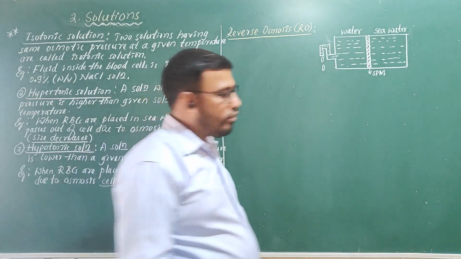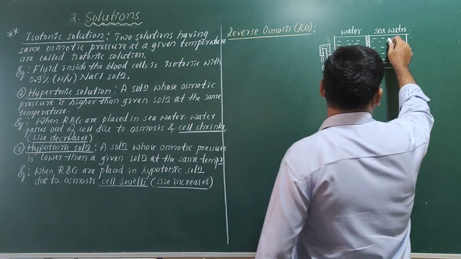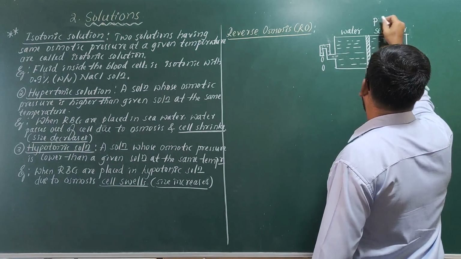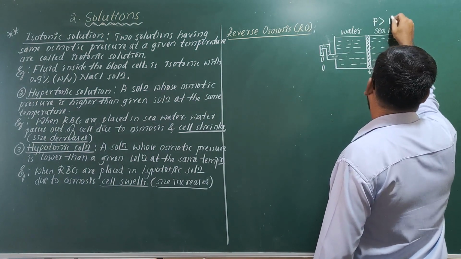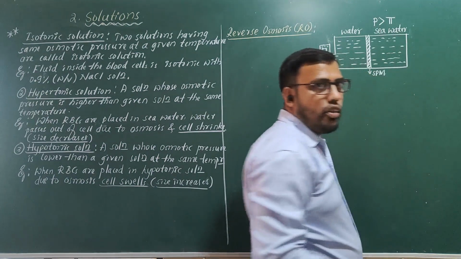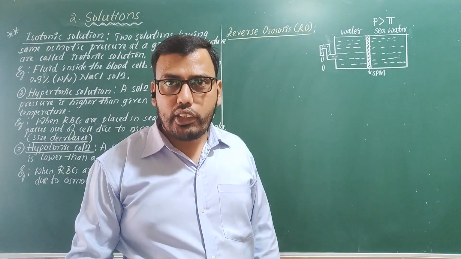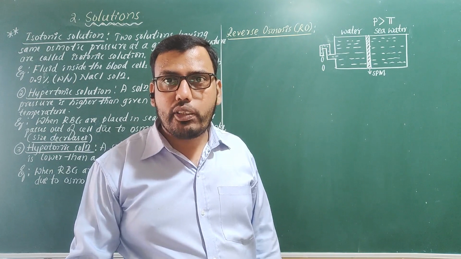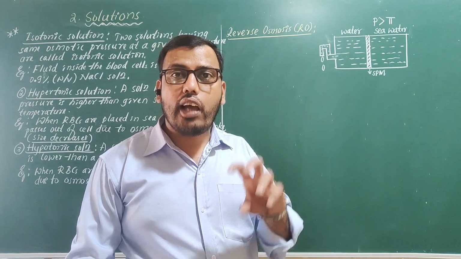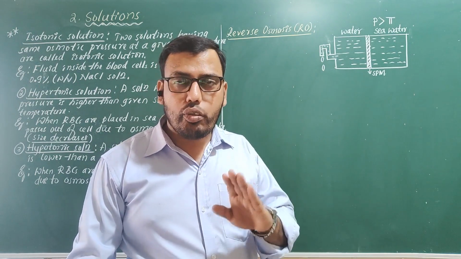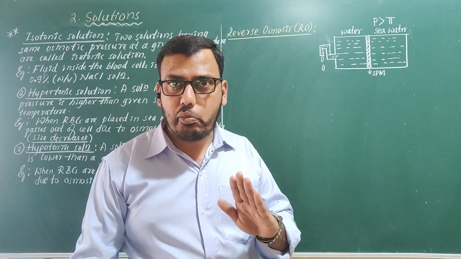Now, towards the seawater we are going to apply a pressure which is greater than pi. We are going to apply pressure, but this pressure must be greater than the osmotic pressure. Dear students, hope you have understood what osmotic pressure is.